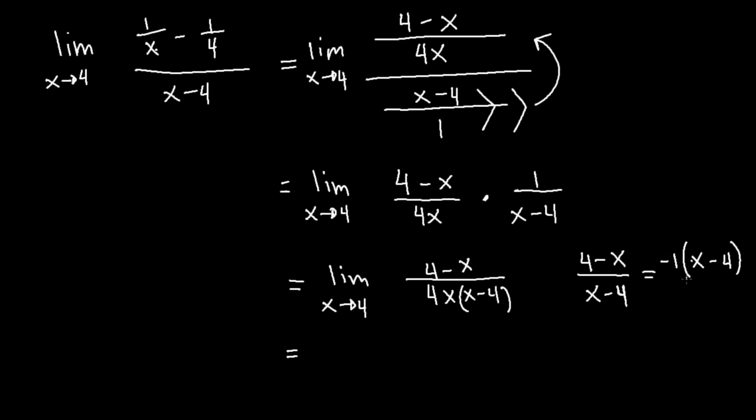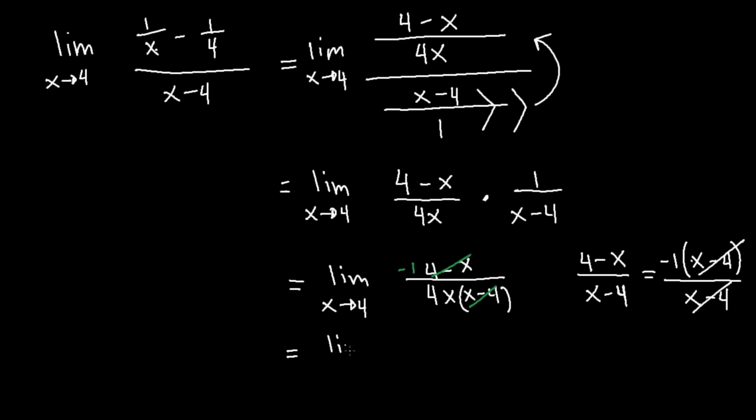So, equal rin sila over x minus 4. So, as you can see, makacancel na sila. Ang mabilin dayon is negative 1. So, basically, sa pag-simplify nato, makacancel ang duha, but mabilin og negative 1.